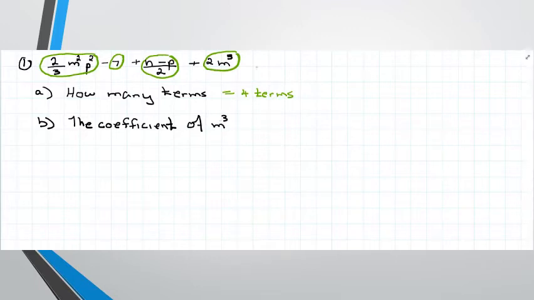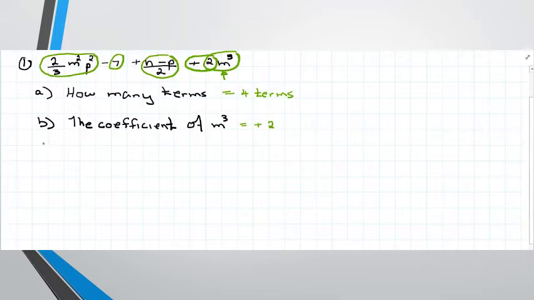Now in this case it's very wise. First I must identify the m cube. There it is. The coefficient, I know it's the value in front, and always remember the sign must accompany the coefficient. So therefore it's going to become plus 2. Remember, if it was a minus it would have been a minus, but in this case plus.